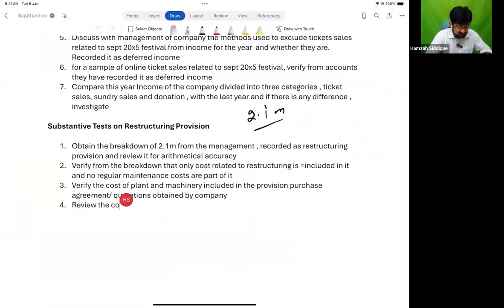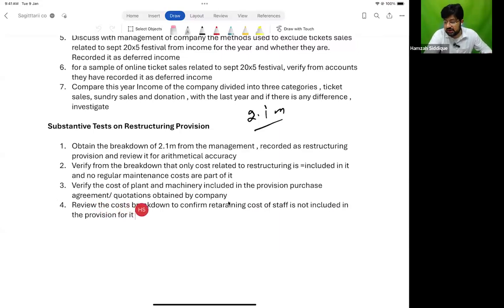Review the cost breakdown to confirm retraining cost of staff is not included in the provision for it. Yes, retraining cost cannot be recorded. This is what IAS 37 says. They say restructuring involves retraining as well, but its cost should not be included.